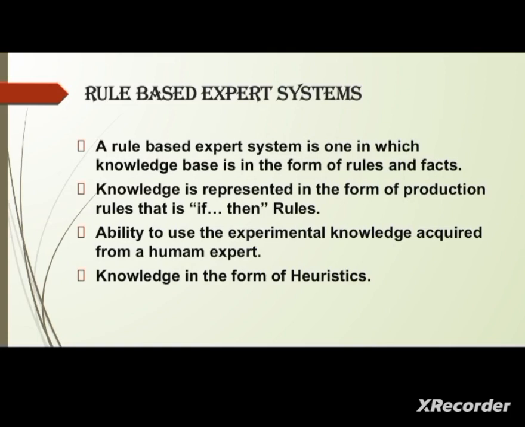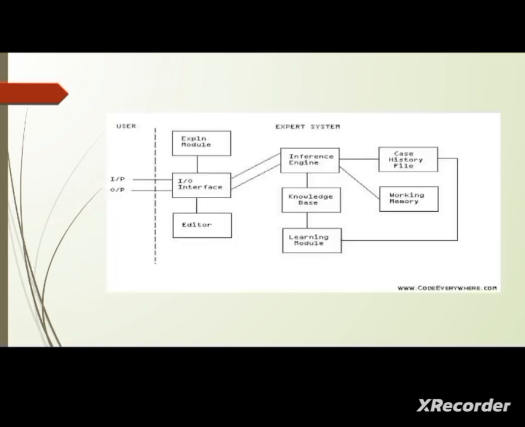So we are going to the architecture of the rule-based expert system. In this architecture, we see a user side and an expert system side. On the user side we can see input and output.